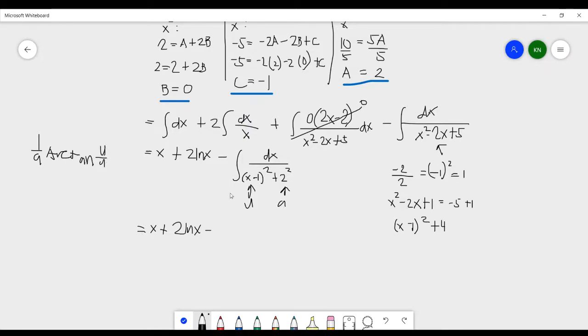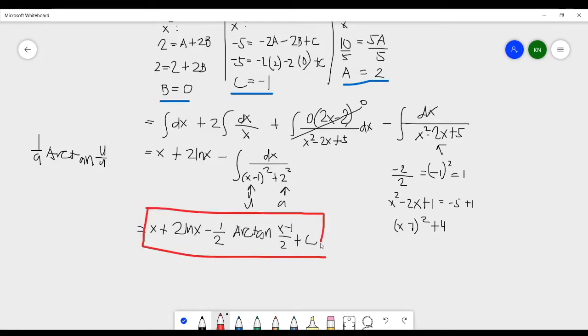Now our u is x minus 1, so we have 1 over 2 arctan of x minus 1 over 2 plus c. So basically, we now have our final answer.